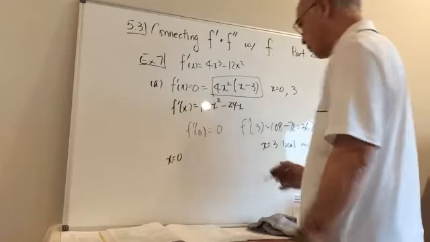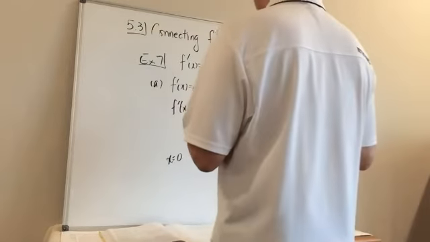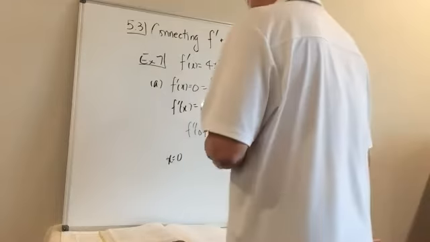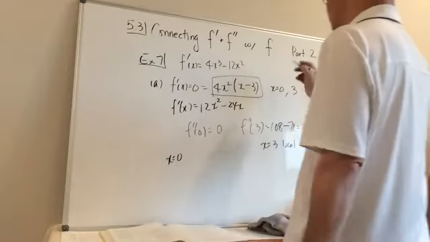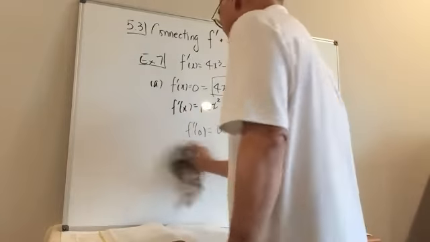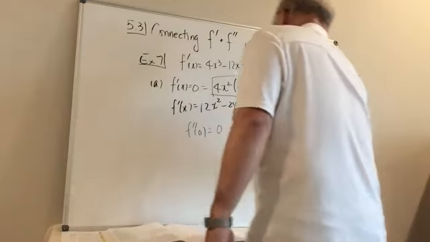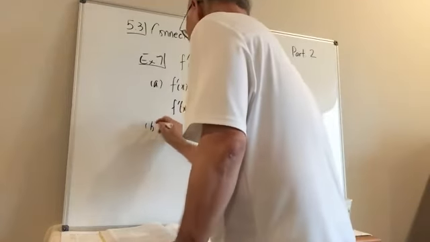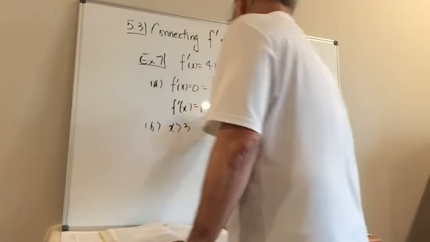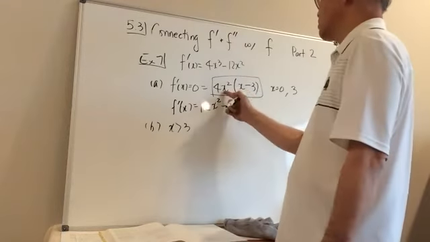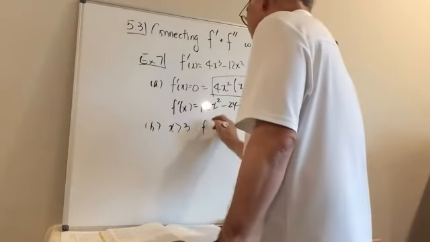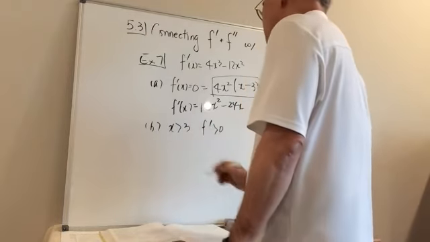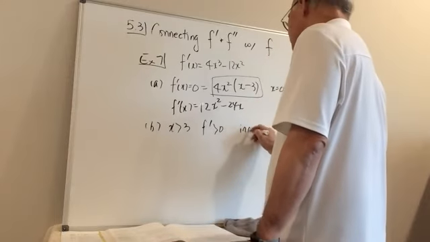When x is greater than 3, f prime is going to be greater than 0, so I'm going to be increasing.